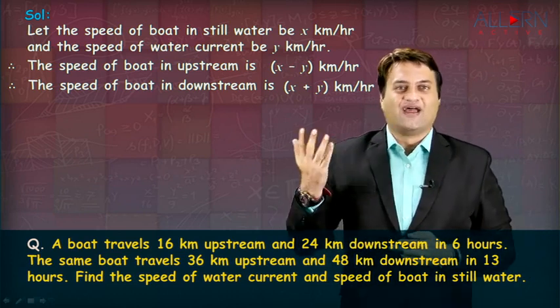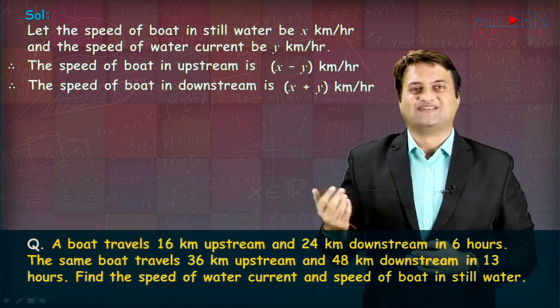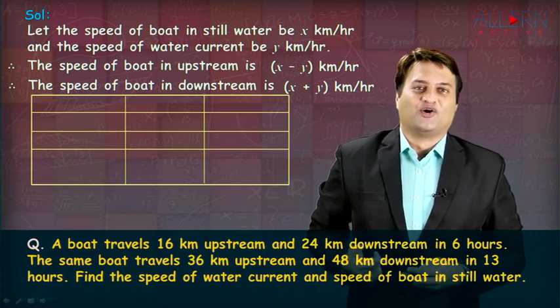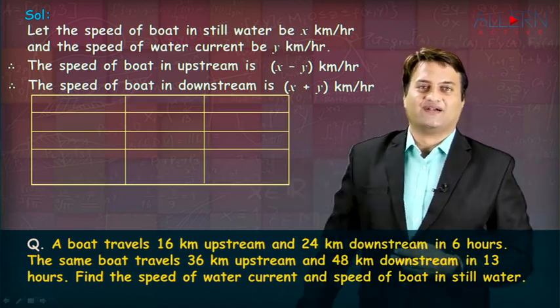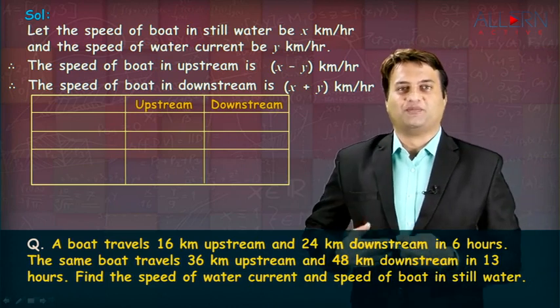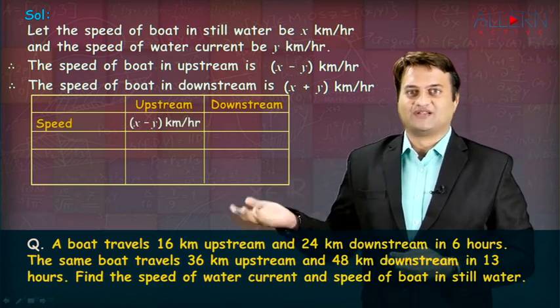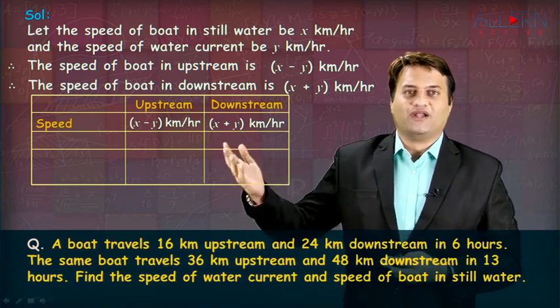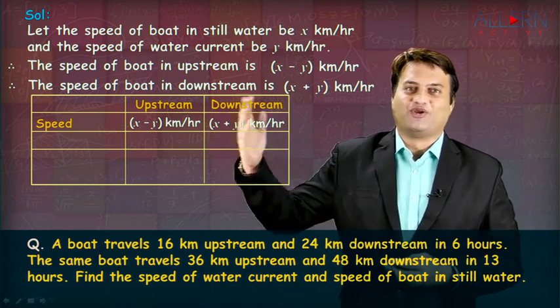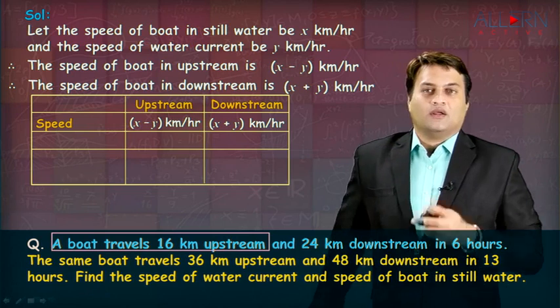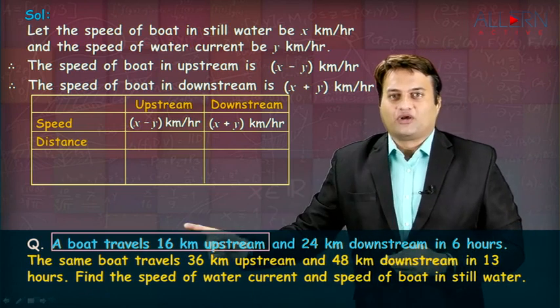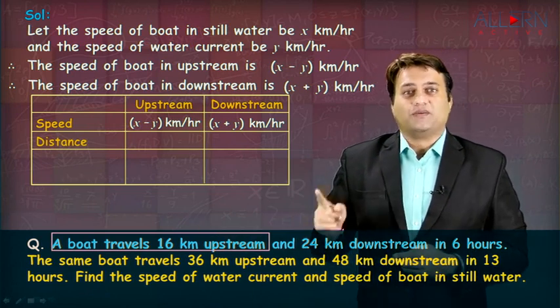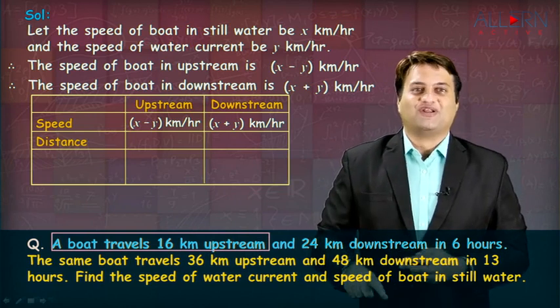Now we already have assumed the speed, so what remains is now distance and time. Now to understand that, let's again learn it in a tabular form. This time it is all about upstream and downstream and speed, distance and time. Now speed upstream we already know is x minus y, speed downstream we already know is x plus y. Now if you read the question properly, a boat travels 16 kilometers upstream and 24 kilometers downstream.